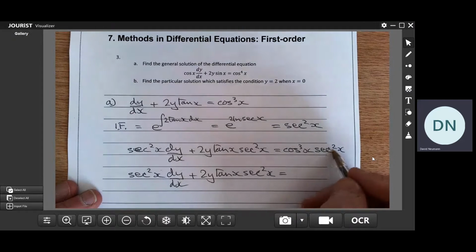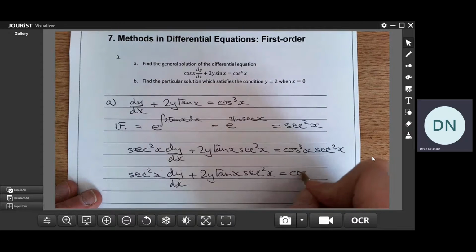Is equal to cos cubed x times sec squared x, which is just cos x.